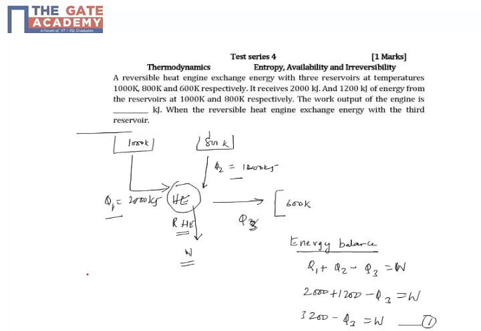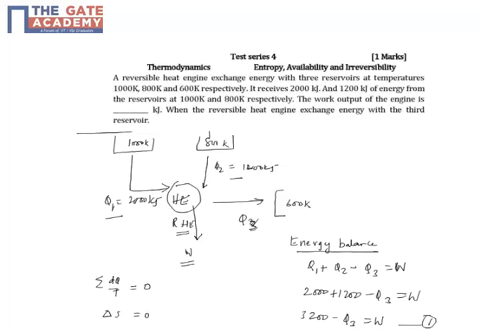Q3 is something which I don't know, but the fact that it's a reversible heat engine lets us use the Clausius inequality, which says that the cyclic integral of dQ by T is normally less than or equal to 0, but for a reversible heat engine it is 0. It's basically the change in entropy for this heat engine that has to be 0.